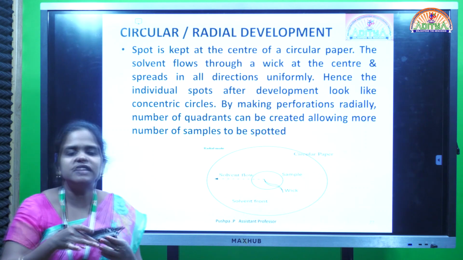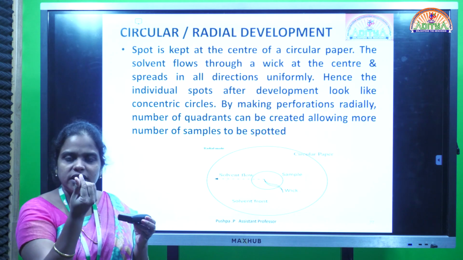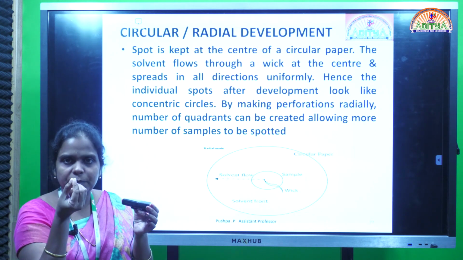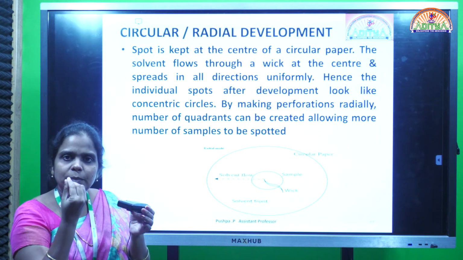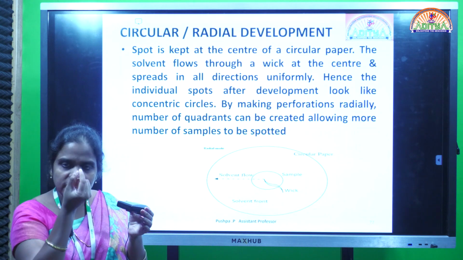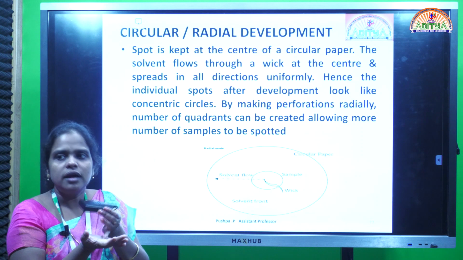How will the mobile phase touch the sample present on the paper? By using one cotton wick, we keep one hole in the center of the paper, and into that hole we send the cotton wick, and that cotton wick will touch the mobile phase present in the petri dish.